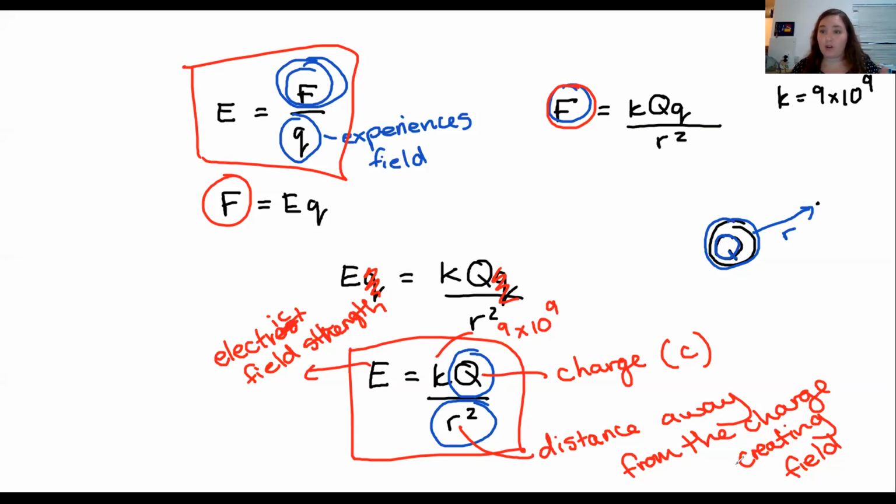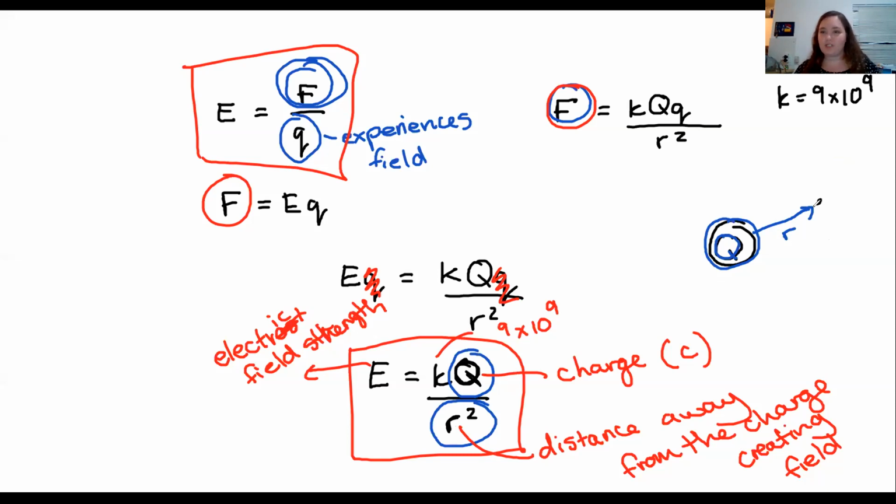I can talk about what is the electric field strength or the electric field at a point at this point without me putting a charge there to experience it. Because in order to use this equation, I care about what Q is and I care about what R is. I don't care about what's there. Okay, so we don't actually have to put anything there.